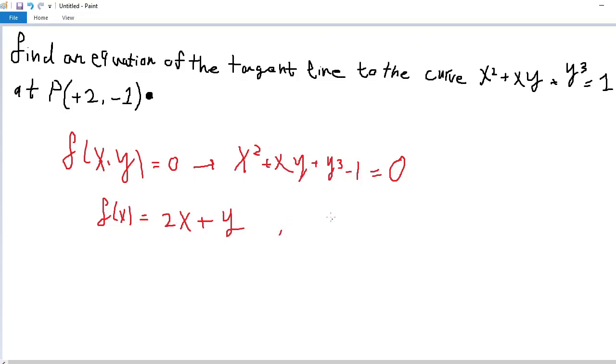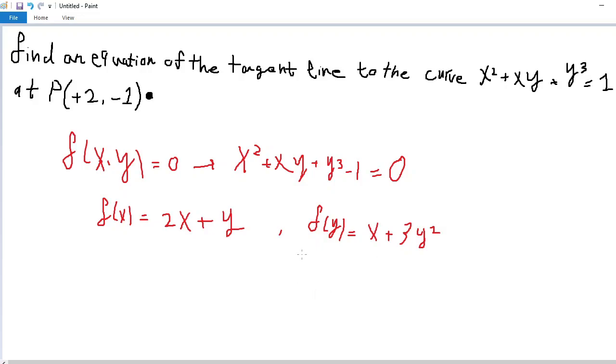This is the first partial. Now the other partial, with respect to y: the x squared term is 0, and here we will have x, then plus 3y squared. So we found the partial derivatives with respect to x and y.